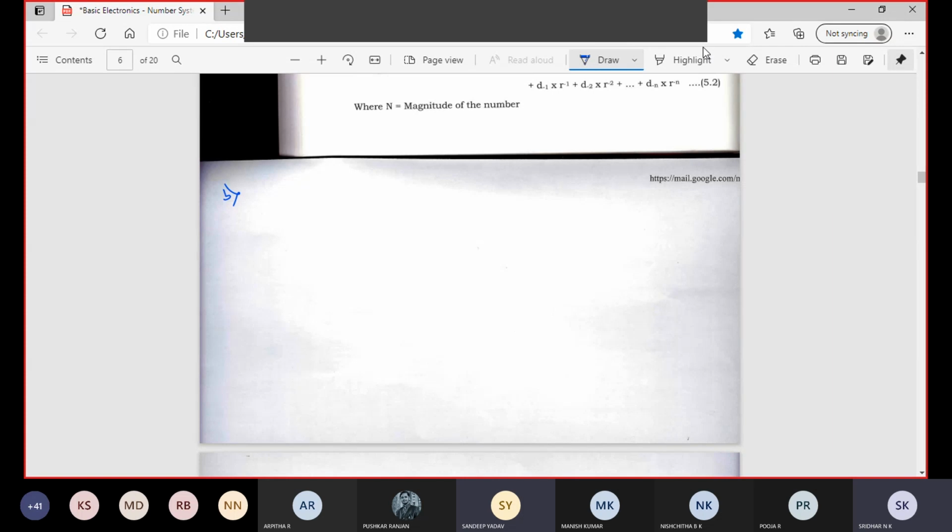What is the second law? X dot y whole bar is equal to x bar plus y bar. Correct?